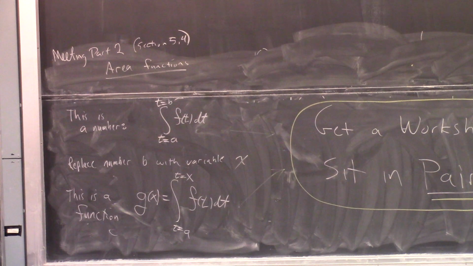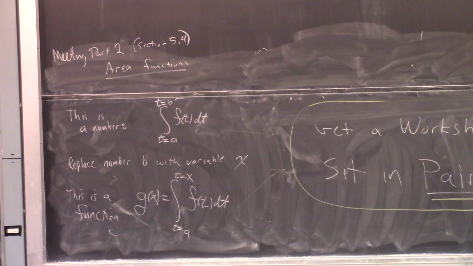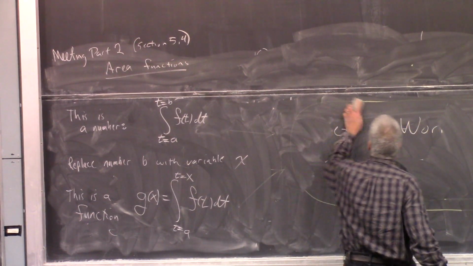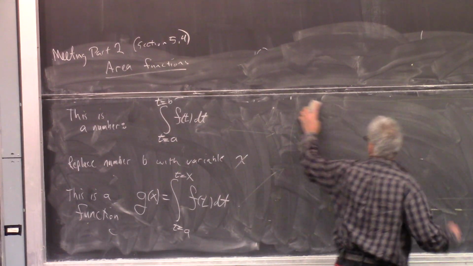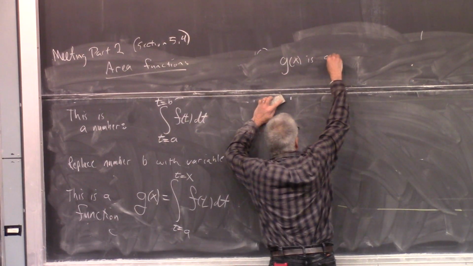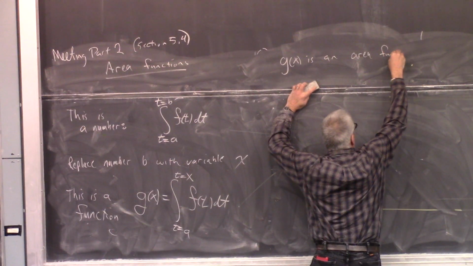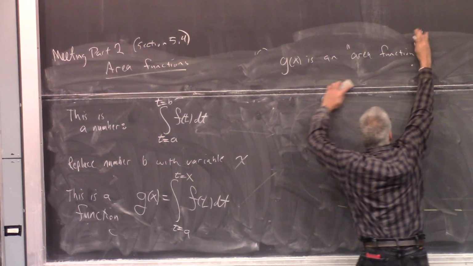This is what's called an area function for f. So g of x is an area function for f.